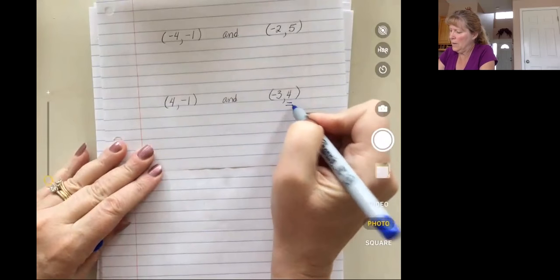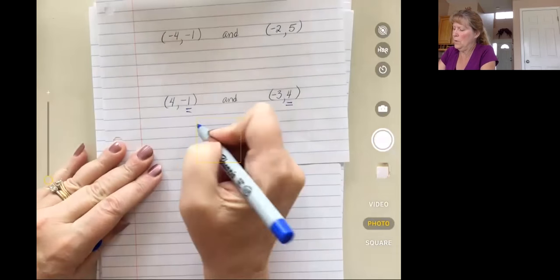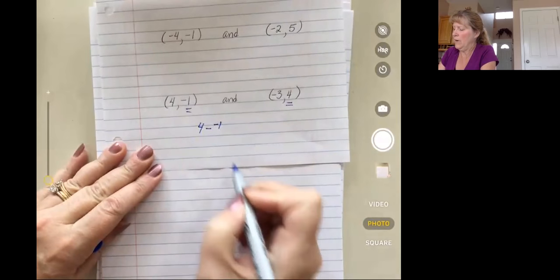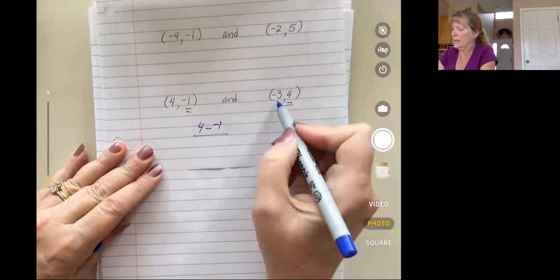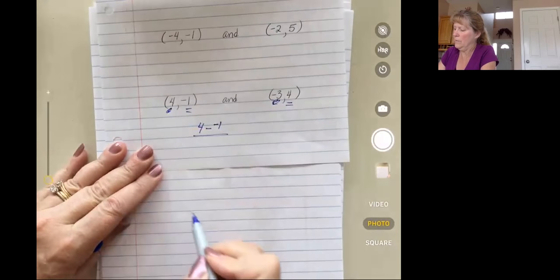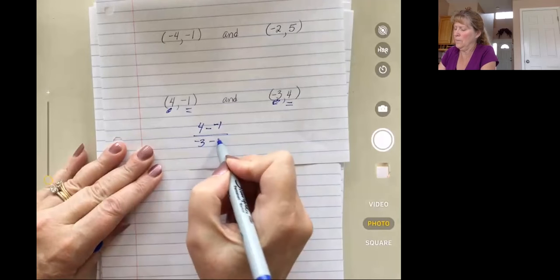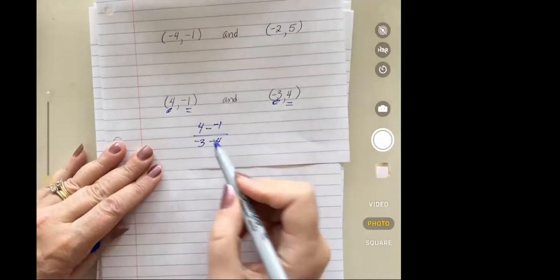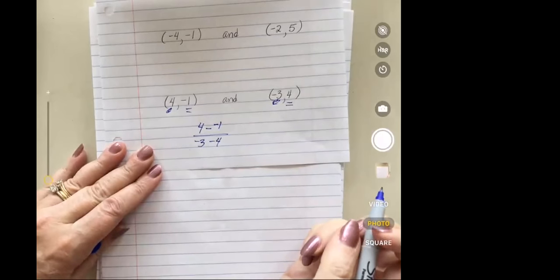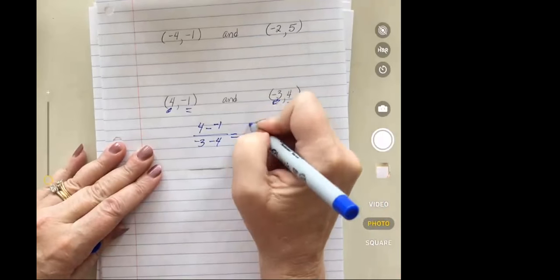On this one, it's tougher because we have the negatives, but if I want to find the slope, it's y minus y. So 4 minus -1, divided by x, this x minus this x, -3 minus 4. The 4 minus -1 would turn into a 4 plus 1, right? Smart girl. 5.